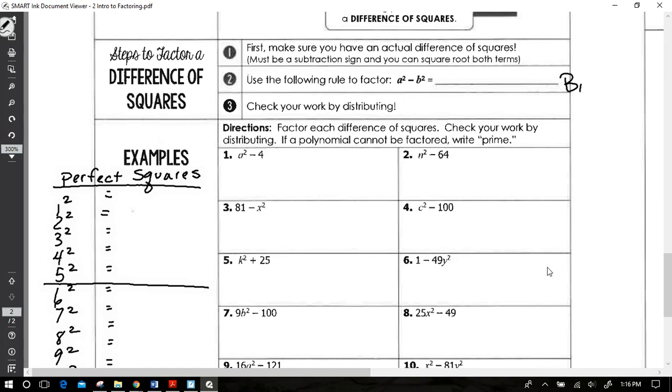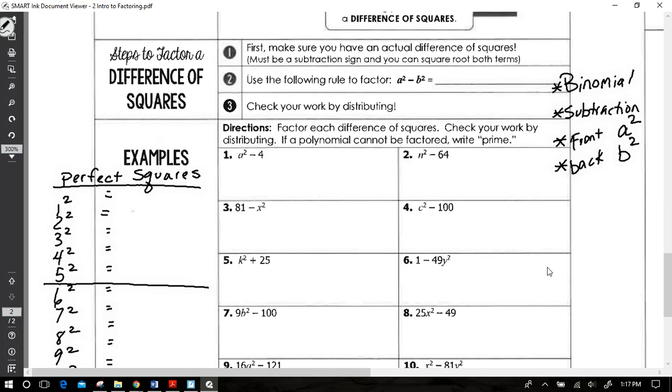So binomial, it has to be subtraction, and it has to have a front number that is a perfect square, and the back number has to be a perfect square. So these are the criteria for how you know when to use a difference of squares method, okay?